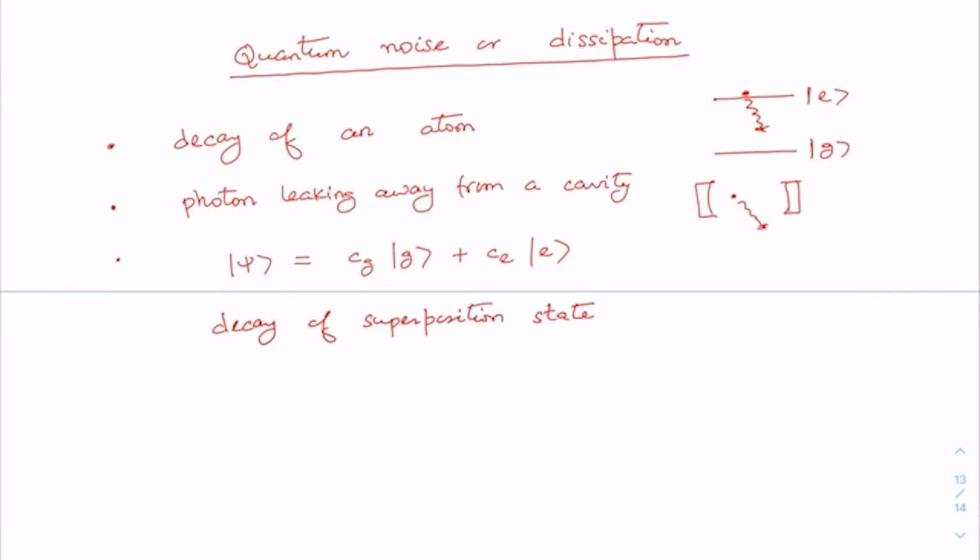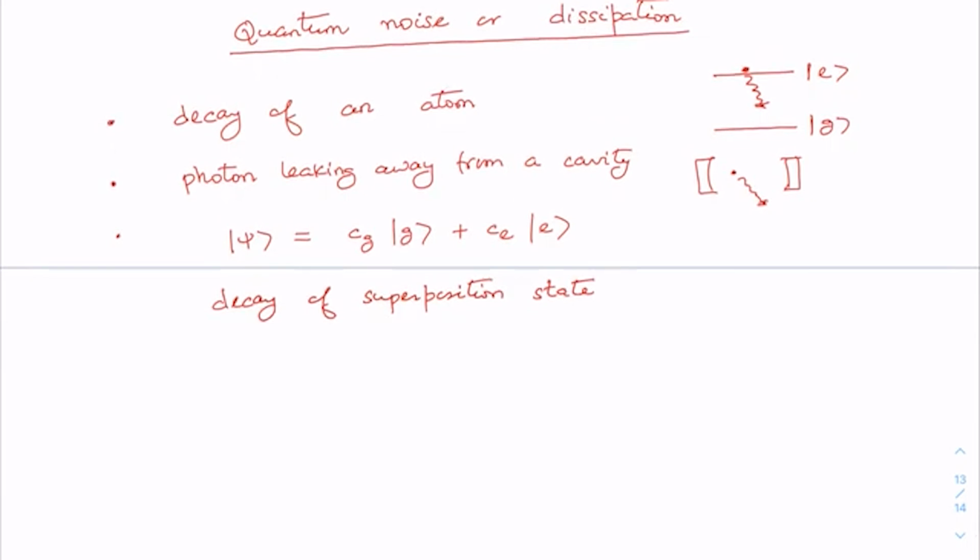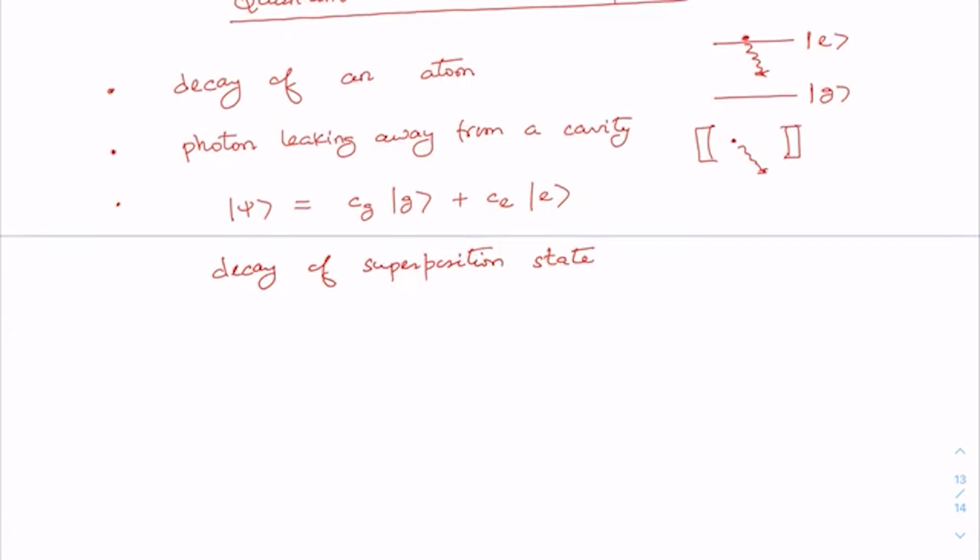Taking dissipation into account in a mathematical model is a non-trivial affair in quantum mechanics. To understand it, let us see how dissipation is taken into account in classical mechanics by the example of a simple harmonic oscillator.